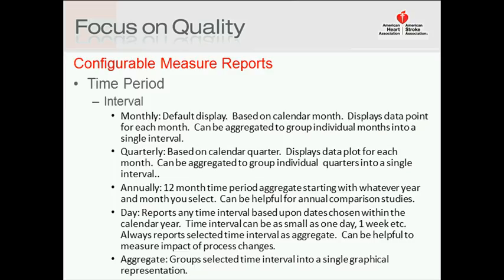You can't run a report for, say, a 7-day period of time and get 7 data points. If you choose a period of time that's 7 days, it's going to give you 1 data point for all of those 7 days aggregated together. So this can be helpful if you want to measure the impact of some sort of change that you may have implemented. You can just look at a very precise period of time where that process may have been implemented and see what impact it may have had on care.